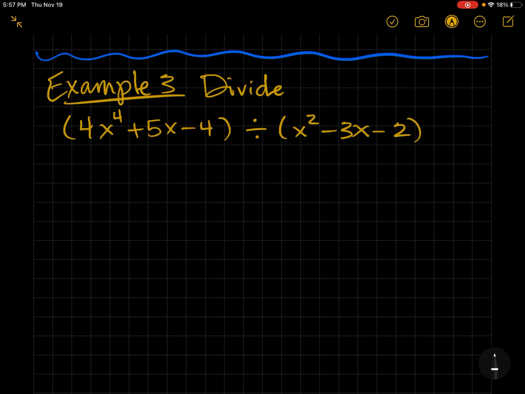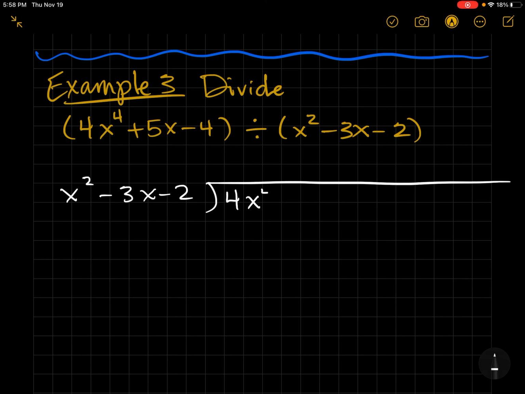Okay, so what comes second, that is our divisor. Ooh, we have a little issue here. Notice with our dividend, we have the fourth power and then it skips down to the first power.